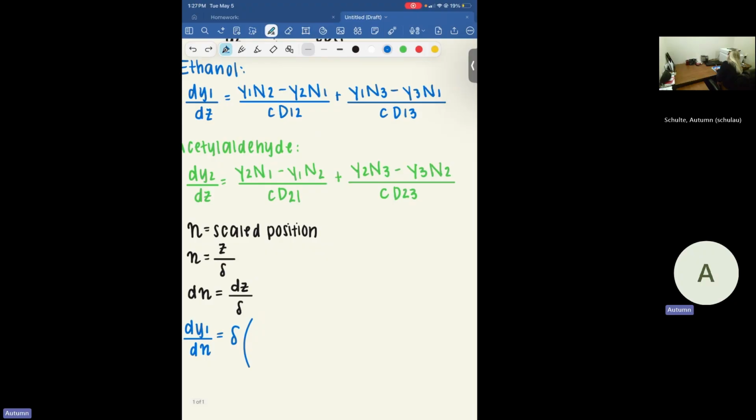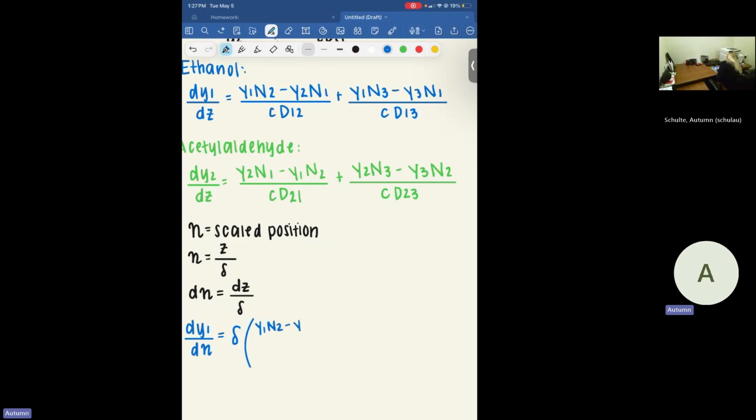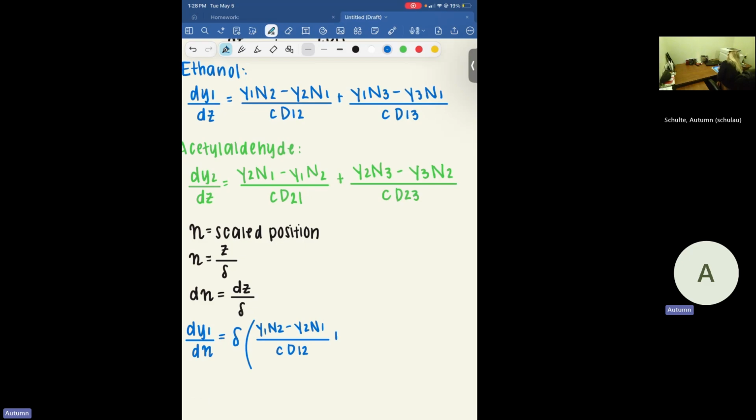So we're going to rewrite that out. That's y1 n2 minus y2 n1 divided by our concentration and our diffusion coefficient of ethanol through acetaldehyde, plus y1 n3 minus y3 n1 divided by concentration and our diffusion coefficient of ethanol through hydrogen.